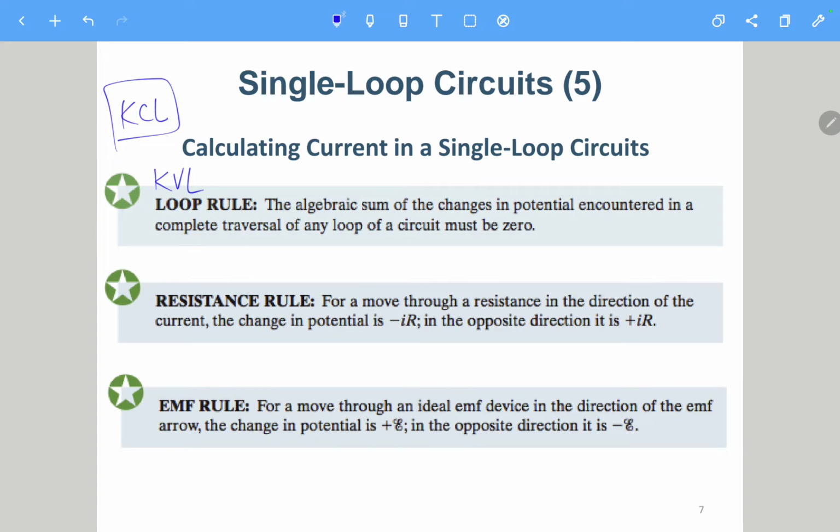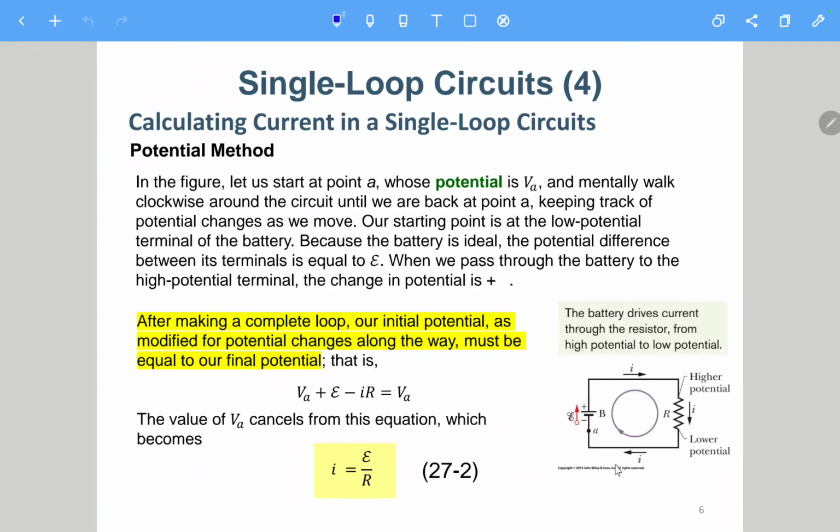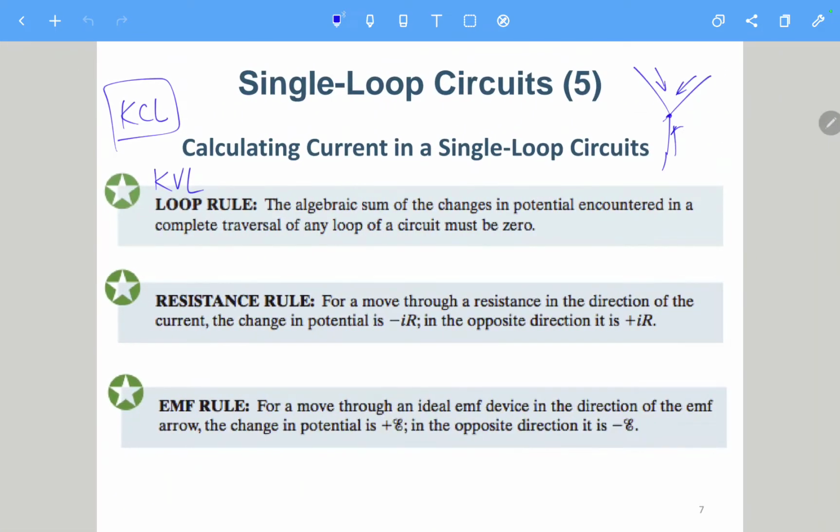When we have a node with multiple connections, the currents going into the node sum up to 0, which means the current going into a node equals the total current going out from the node. KVL means that if you start at a node in a circuit, go around a loop and come back, the potential changes sum up to 0. The algebraic sum of the changes in potential encountered in a complete traversal of any loop of a circuit must be 0.